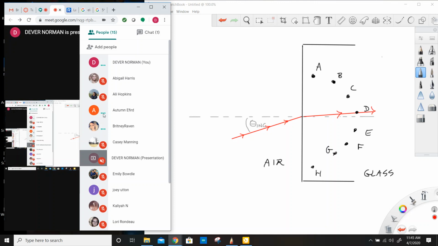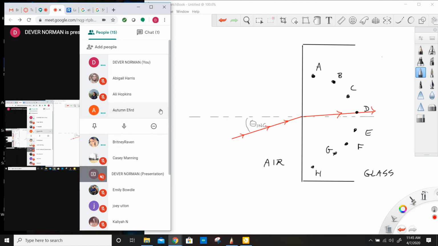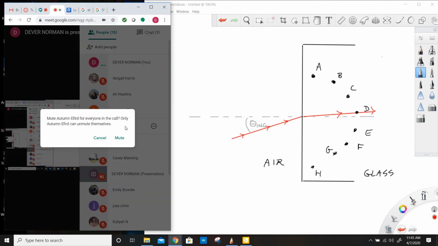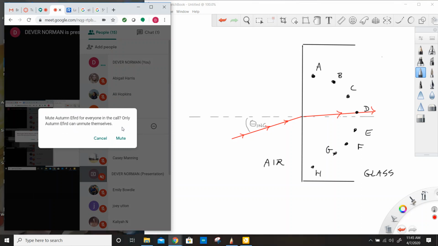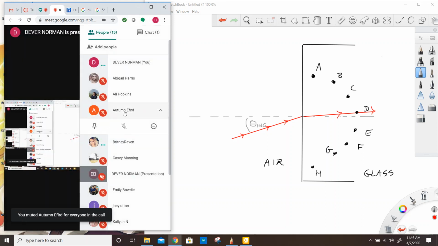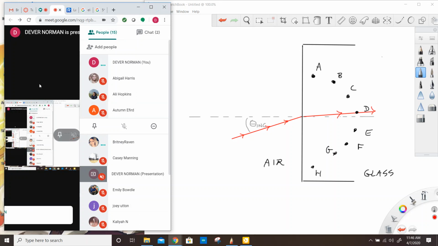Hold on. I keep getting closer, you're thinking I'm going to understand this better. Okay. Are we good? I can understand it better, yes. Okay, the reverb went away when I muted just Autumn. Autumn, you're the culprit.